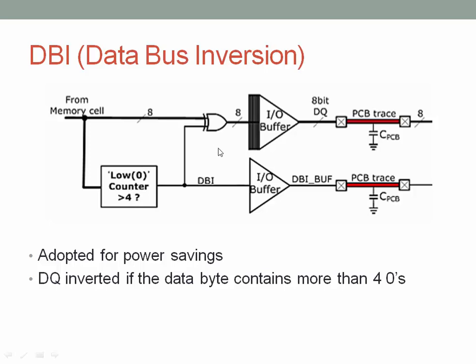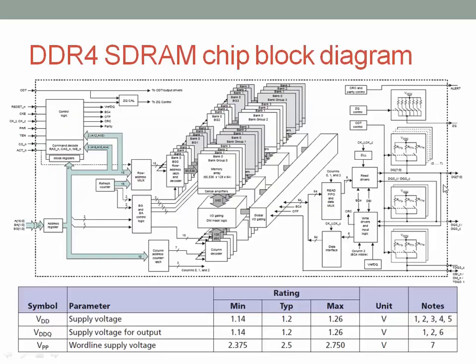So there is a counter here which checks for the number of zeros, and if the number of zeros is more than 4, it inverts the output. The entire byte is inverted from the memory cell here, and it asserts a signal called DBI. So there is inverted data on the output DQ, and DBI is asserted, which means the data has been inverted, and the same has to be reversed back at the receiving side. So this also saves a lot of power.